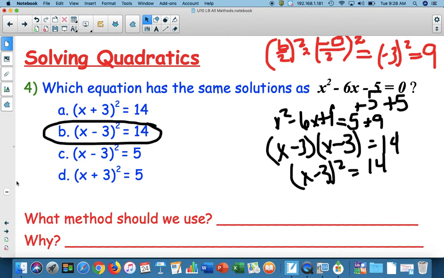All right. So what method should we be using for this? Complete the square. And why?